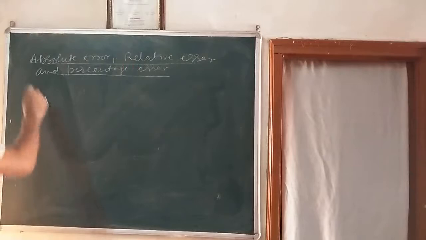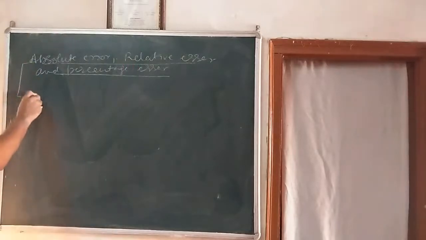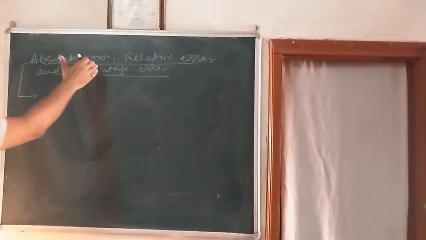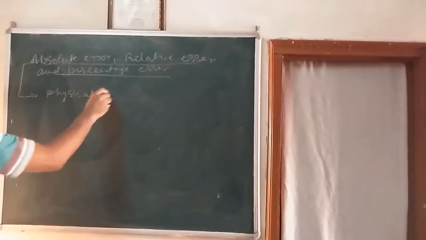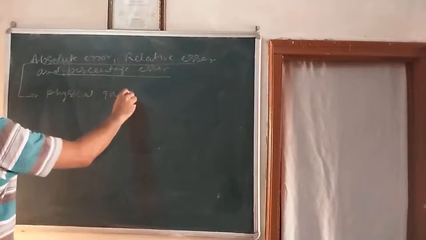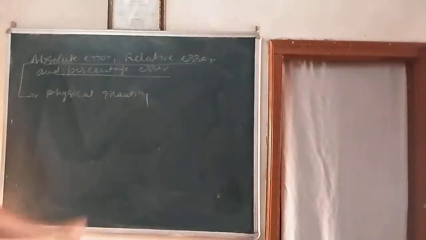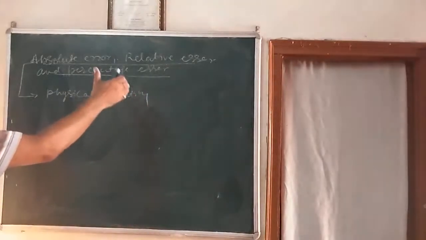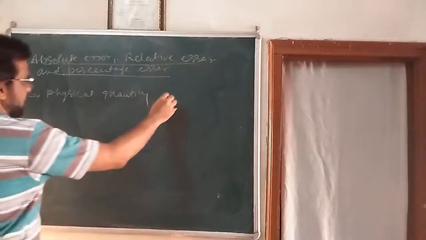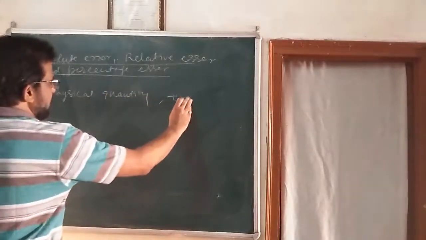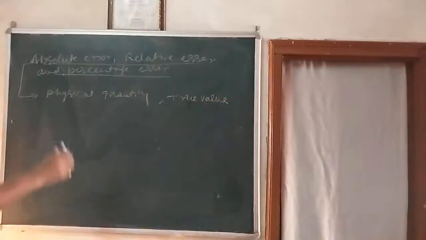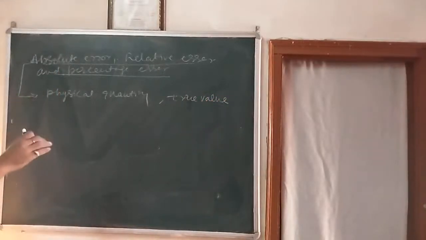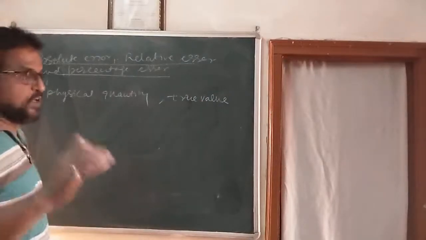First I am going to clarify what absolute error is. The absolute error in the measurement of a physical quantity is the magnitude of the difference between the true value and the individual measured value of the quantity.